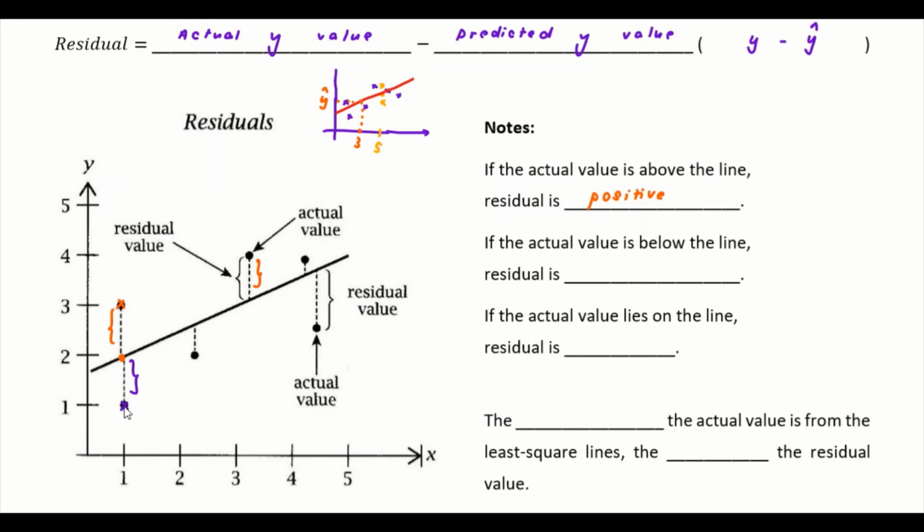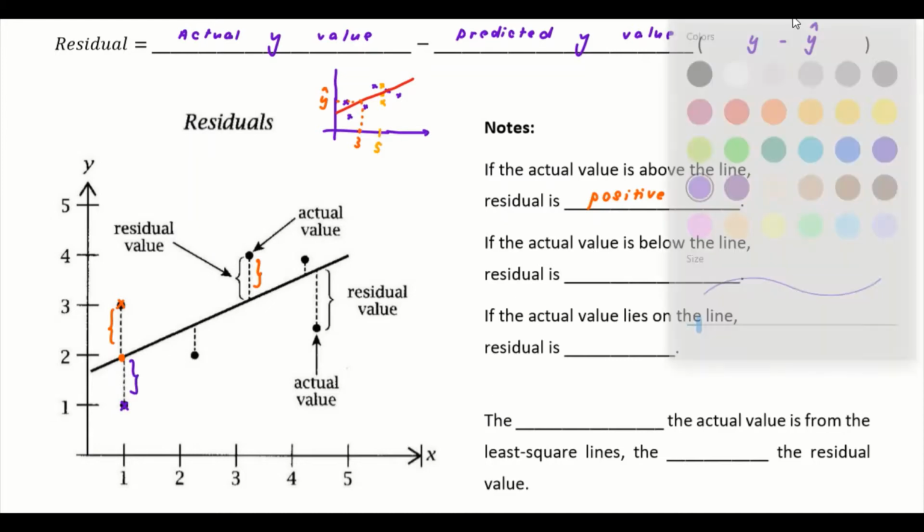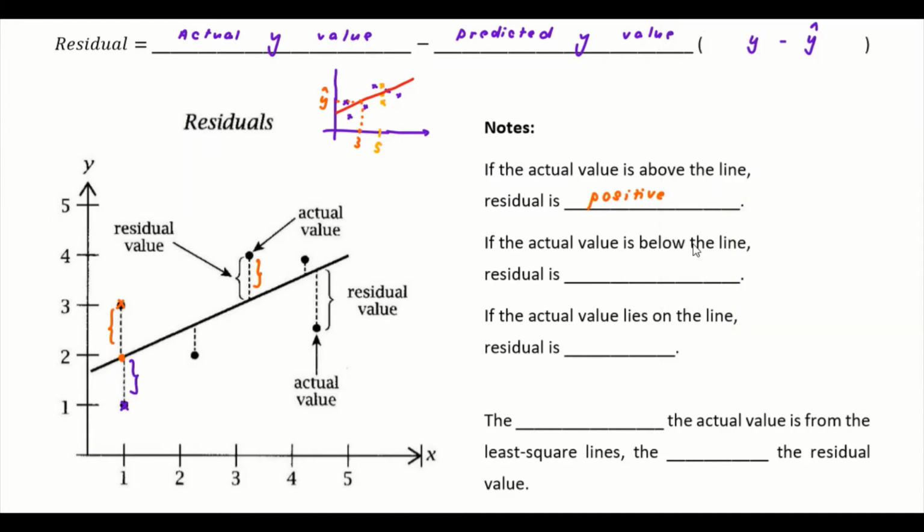So the difference is the actual value, 1, minus the predicted value, 2. So 1 minus 2 gives negative 1, right? That's why if the actual value is below the line, the residual will be a negative value. Which means this point, this point, this point, they all have a negative residual value.